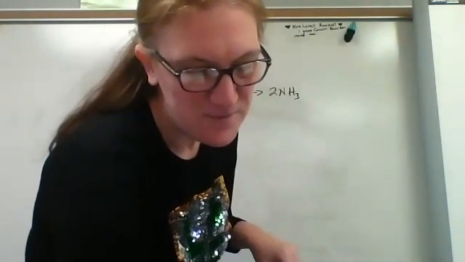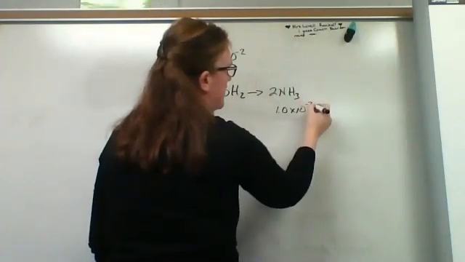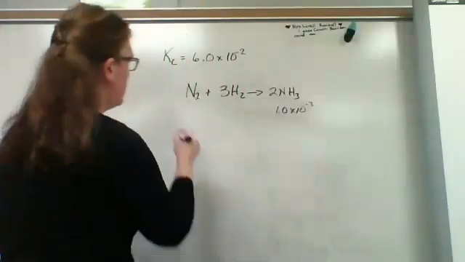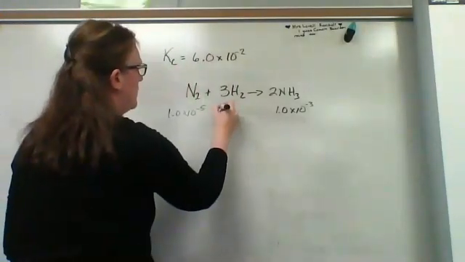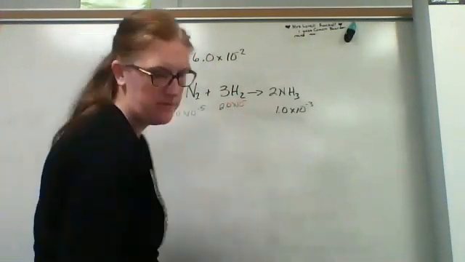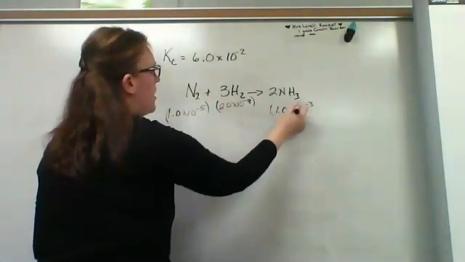If you've got all that, NH3 is 1.0 times 10 to the negative third. That's the concentration, and I'm doing letter A, by the way. And then 1.0 times 10 to the negative fifth, that's the concentration of that one. And then I've got 2.0 times 10 to the negative third. So there's all those concentrations.